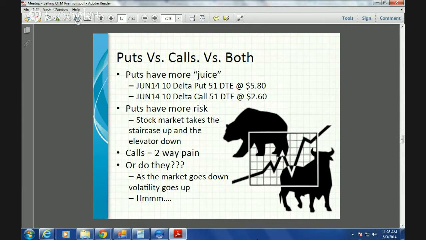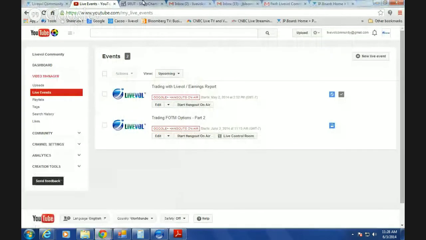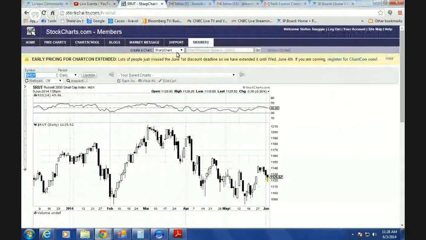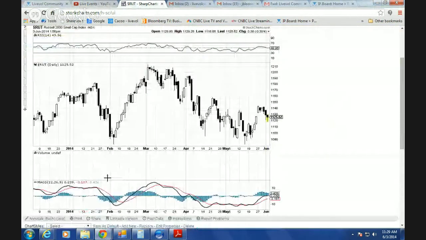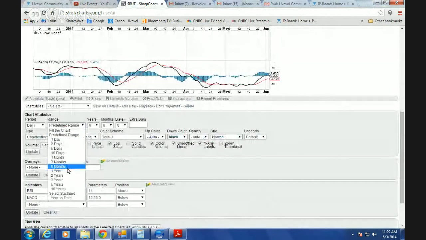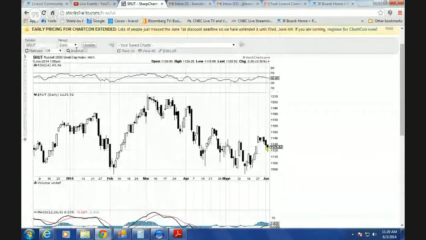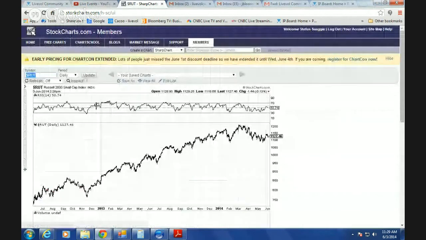Now, let's take a look at the chart really quick. If we look at the Russell here, this is over the last like 6 months or so. But if we look at it for a much longer range, if we look at 2 years, as you can see, it's been a pretty good trend up.